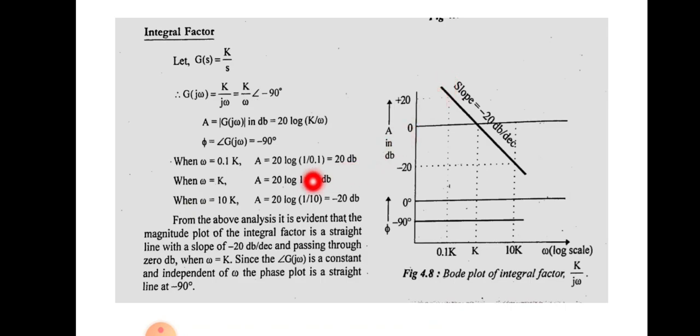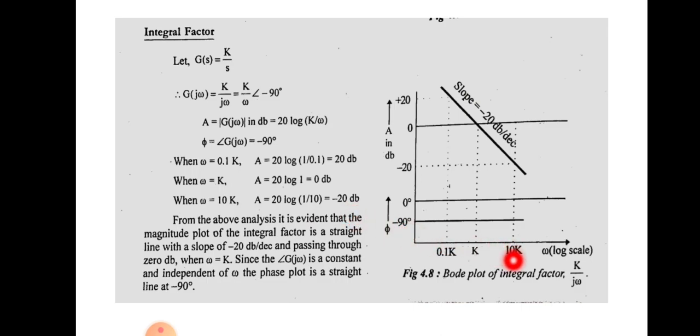Similarly, if we are drawing the magnitude plot at omega equal to k, then 20 log k by omega will become 20 log 1, that will be 0 dB. Therefore, for k value, 0 is the value. And next we will plot for 10k, that is equal to 20 log 1 by 10, that is equal to minus 20 dB.